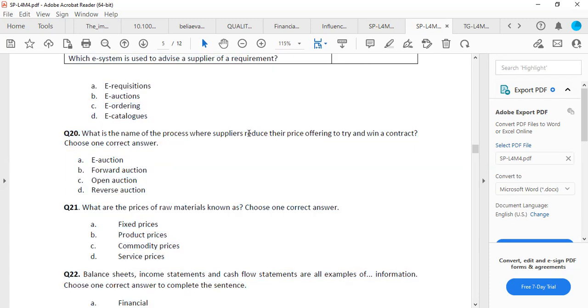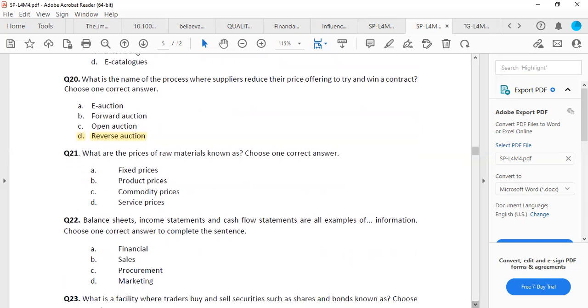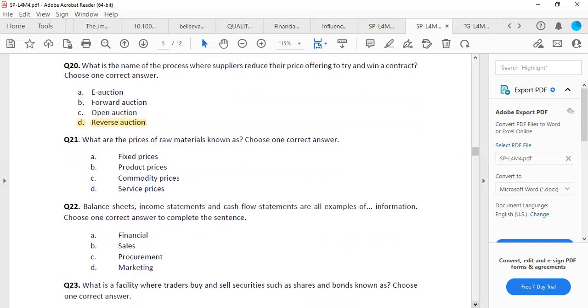E-auction, electronic auction. Yeah, so here you realize that it was reduced to suppliers. The e-auction is where the buyers try to increase their price offering to try and win. The reverse auction. This one is a reverse auction because it has to do with the suppliers, not the buyers.